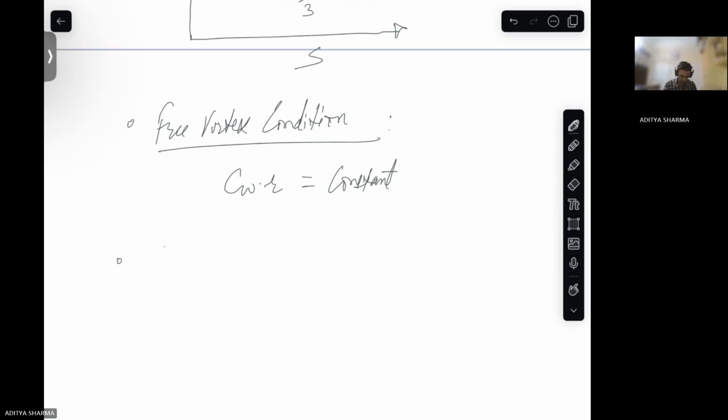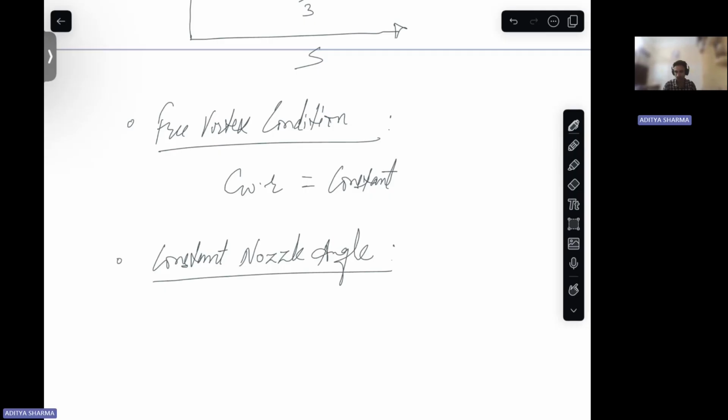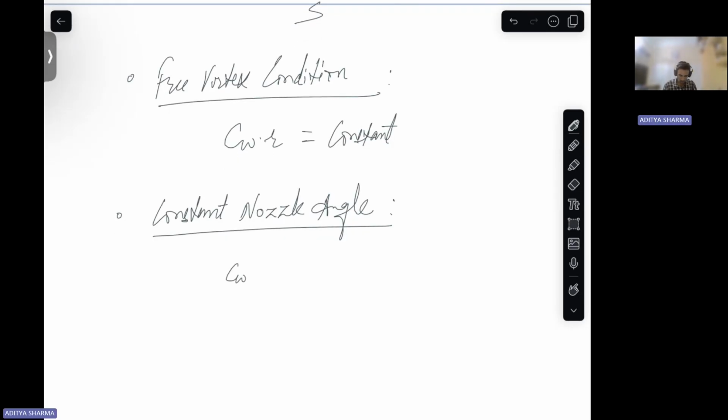Then for a constant nozzle angle, this condition is there: r sine square alpha 2 is equal to constant.